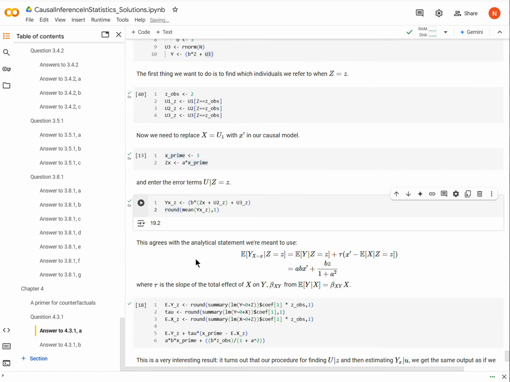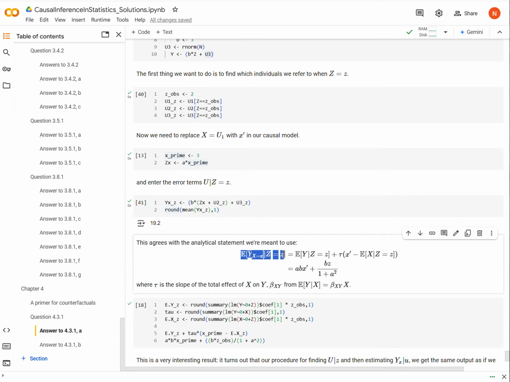Now it turns out, fortunately, that this answer agrees with the analytical statement that we're given at the beginning, namely that our counterfactual equals the expected value of y given z equals z, plus the product of tau times this right here, where tau is the slope of the total effect of x on y from a regression of y on x.